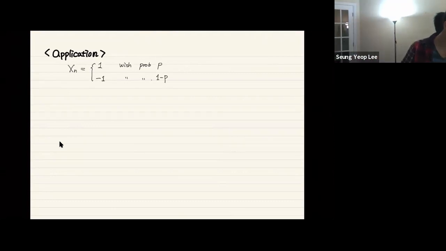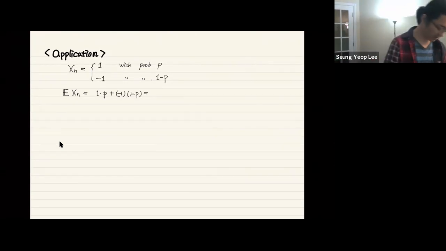So what is the mean of this random variable? It's 1 times p plus -1 times 1 minus p. So the mean is 2p minus 1.